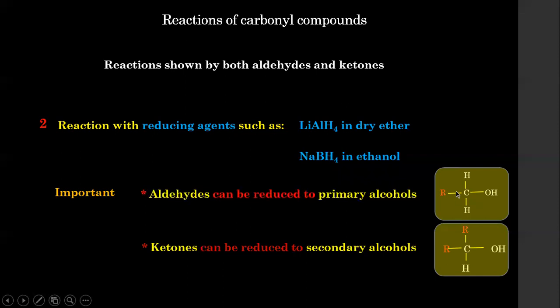So the first one is a primary alcohol produced by aldehydes. The second one is a secondary alcohol produced by ketones. Remember, we can't make tertiary alcohols by this reaction. Aldehydes and ketones always give primary alcohols and secondary alcohols. That's it.